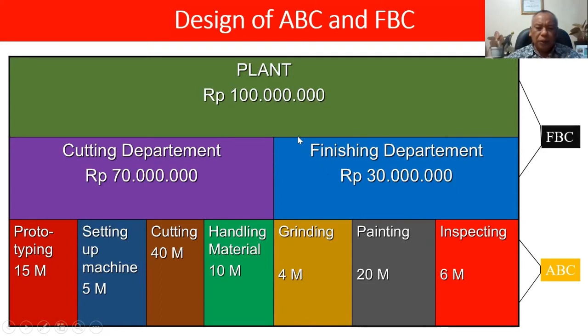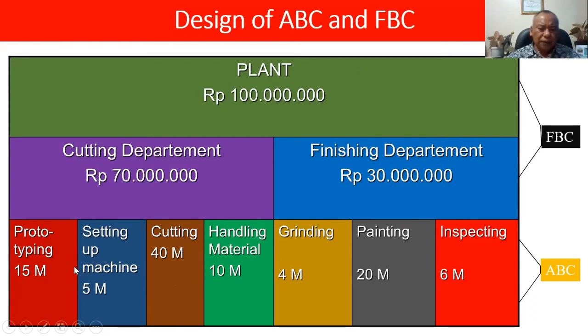We also need to make the allocations of factory overhead. For example, we have factory overhead of 100 million, and we allocate 70 million to the cutting department and 30 million to the finishing department. We can also break down into several activities if we look at the process.